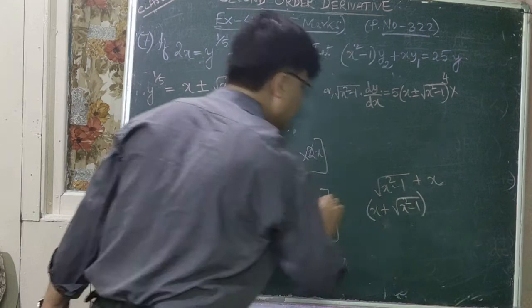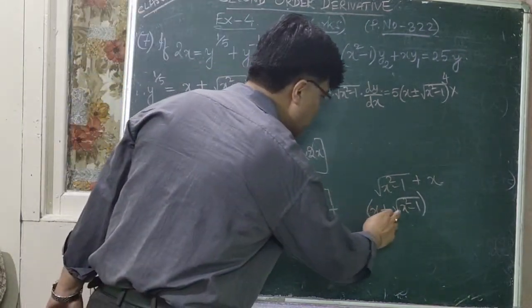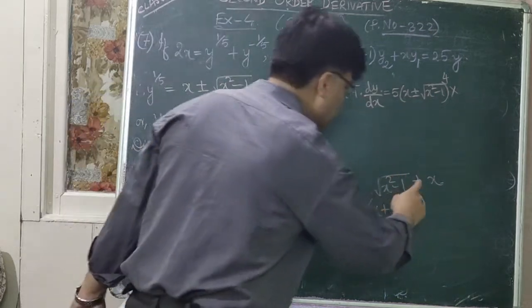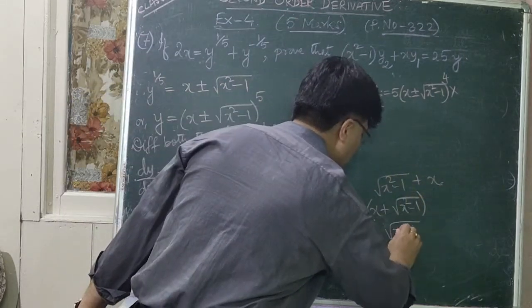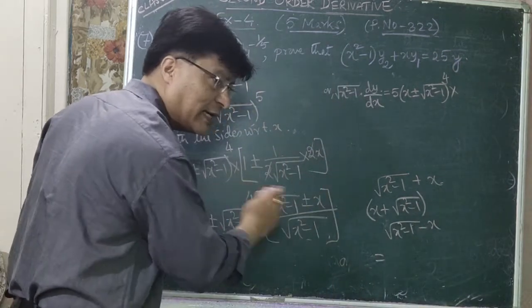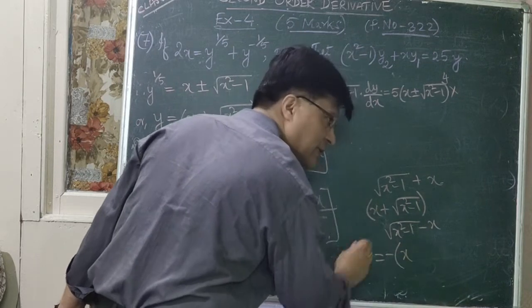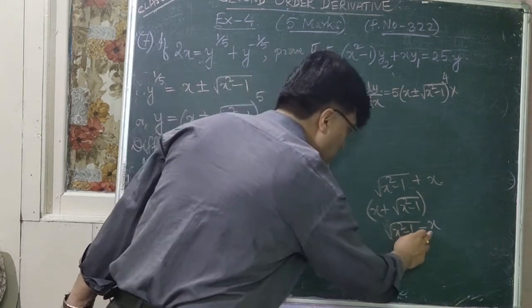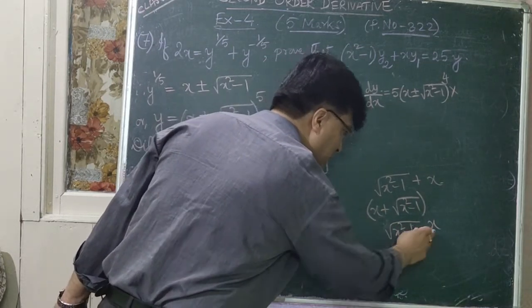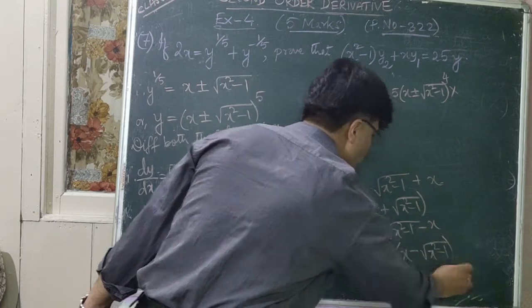You can write it. Is that clear? That is x plus root over x square minus 1. But if it is minus, this root over x square minus 1 minus, then we take minus common and write x in front. So minus is taken common within bracket x. Is that clear? Minus into plus is minus root over x square minus 1.